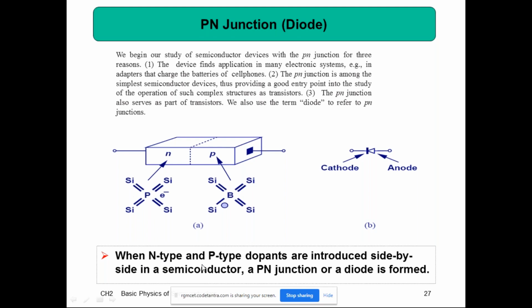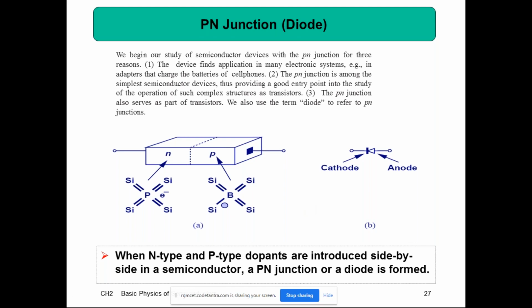Right. When N-type and P-type dopants are introduced side by side in a semiconductor, a PN junction or a diode is formed. Right. And coming to the structure, this is not like one piece of N-type material and another piece of P-type material joined.